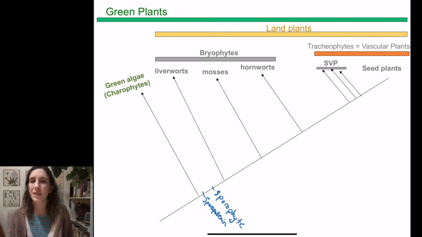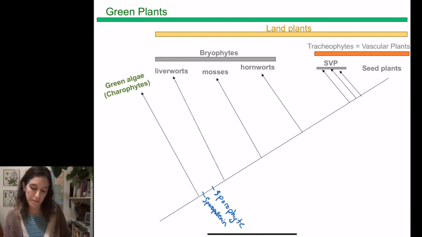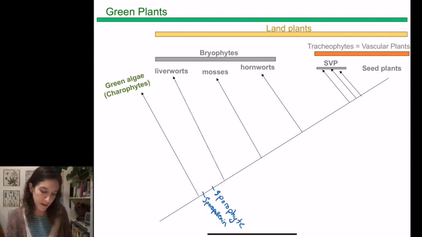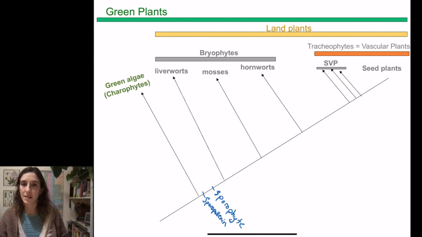And if you combine this with that cladogram we built earlier, then we already know that the gametophyte is the ancestral dominant part of the life cycle.